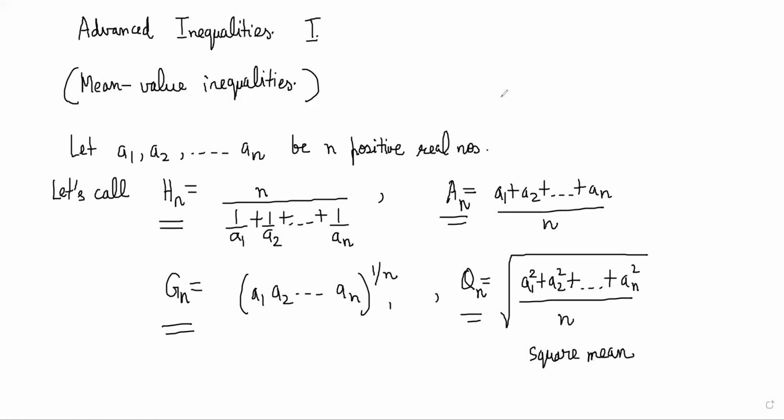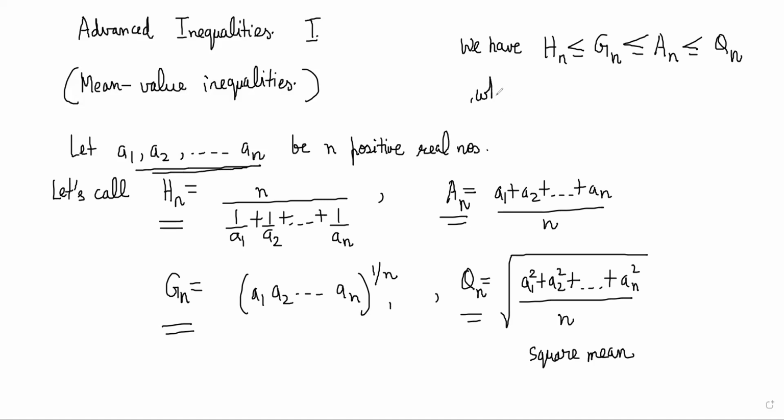that we have Hn is always less than equal to Gn, is less than equal to An, and is less than equal to Qn for all positive real numbers A1 to An, where equality happens when A1 is equal to A2 is equal to An.